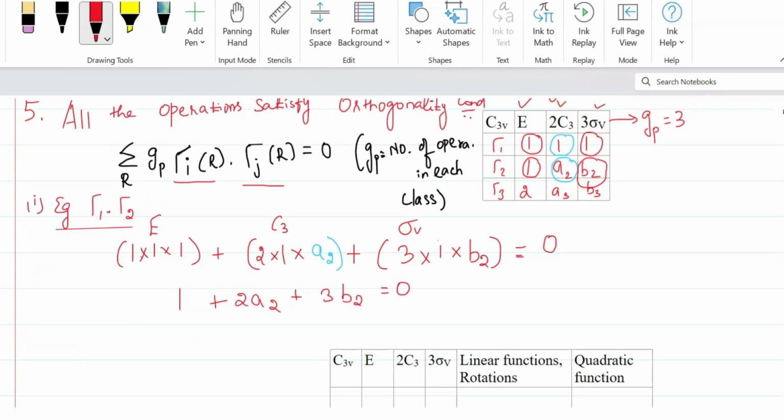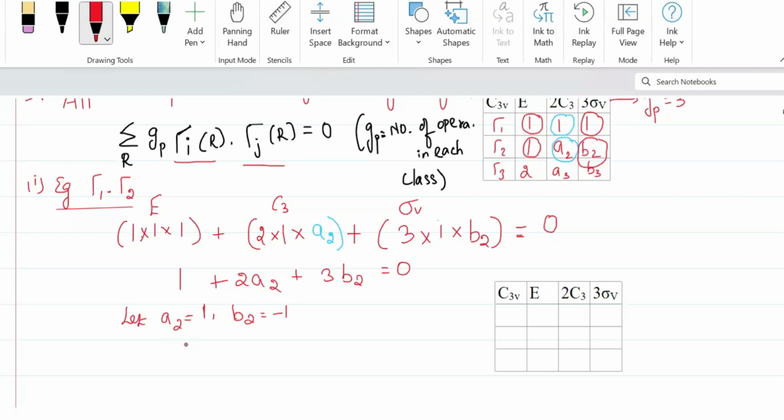This can be satisfied only when we consider a2 equal to 1 and b2 equal to minus 1. If you consider this, then the above will be satisfied. So as we have said, a2 is equal to 1 and b2 equal to minus 1.